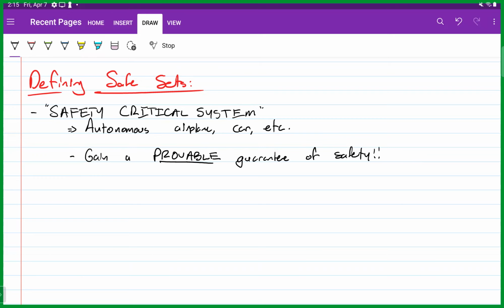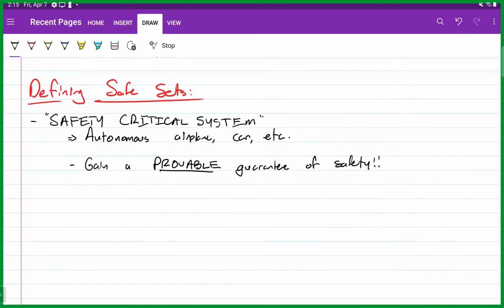I'm comfortable with that idea. So what we want to do is prove in a rigorous mathematical sense that these systems are going to remain within these nice safe regions. So we want to guarantee our system remains in a safe region.